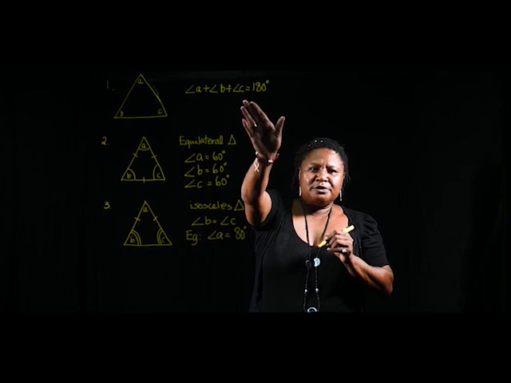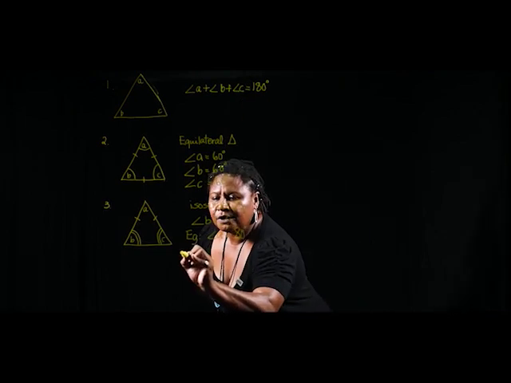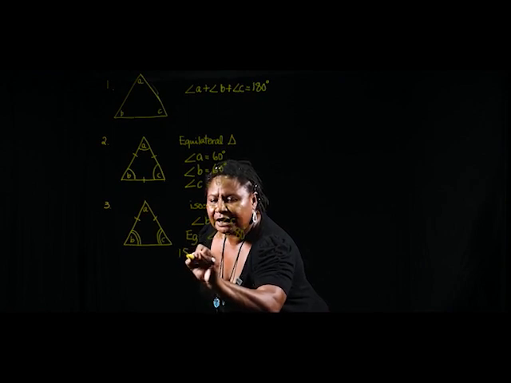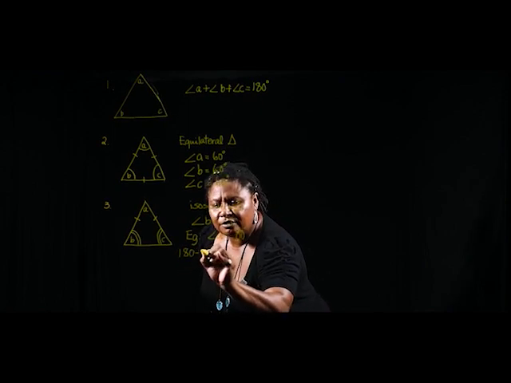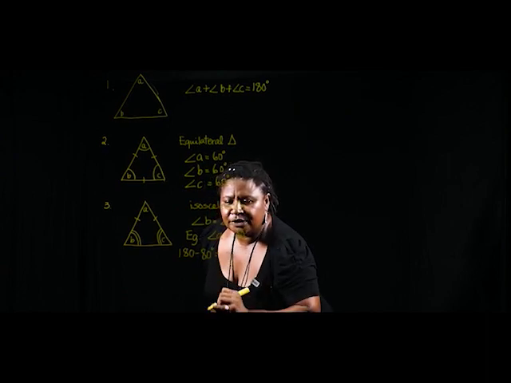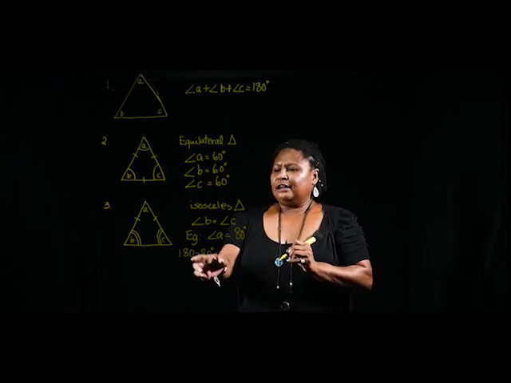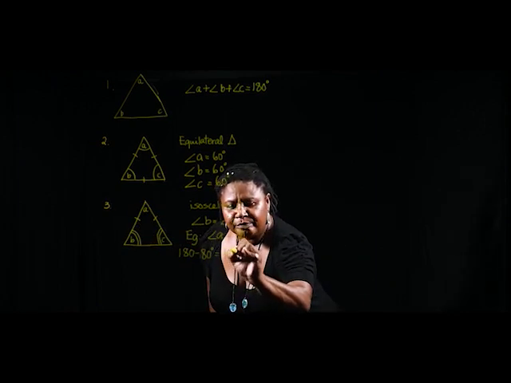We are going to use the angle sum again here. All right, so 180 degrees minus the given angle of 80 degrees. That's going to give us a value of 100 degrees.